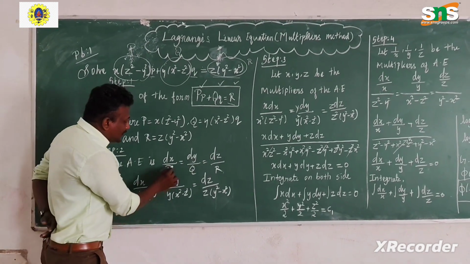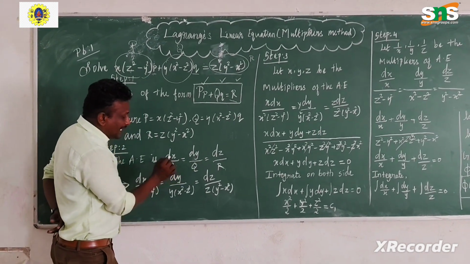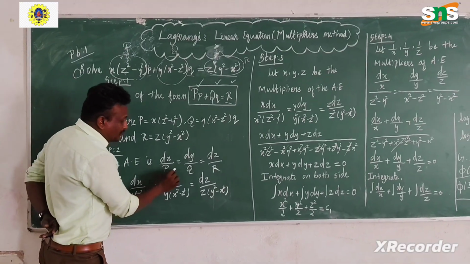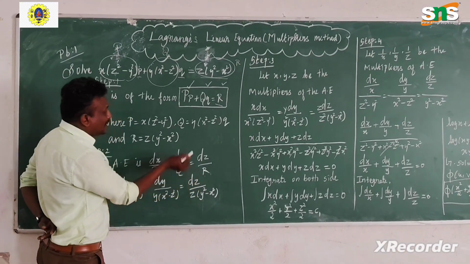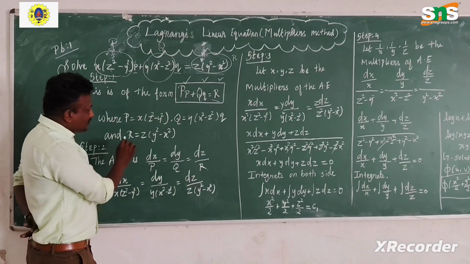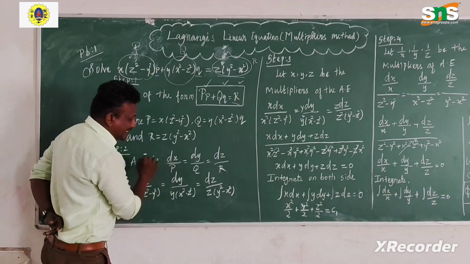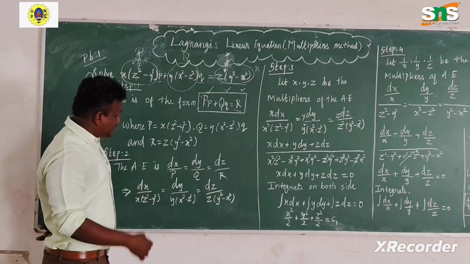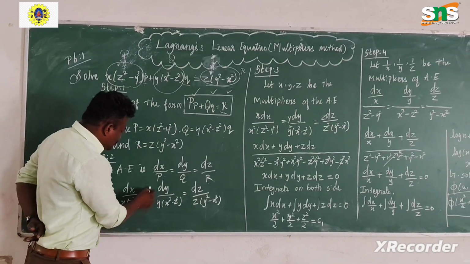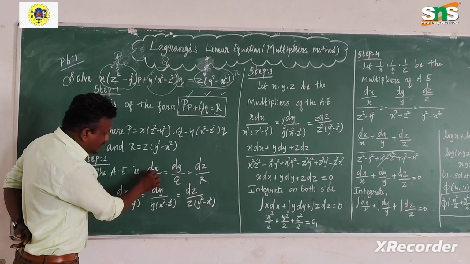Now from this auxiliary equation, we observe P, Q and R, which we have already got here. I am going to substitute these three results in the auxiliary equation. Let us see what happens.